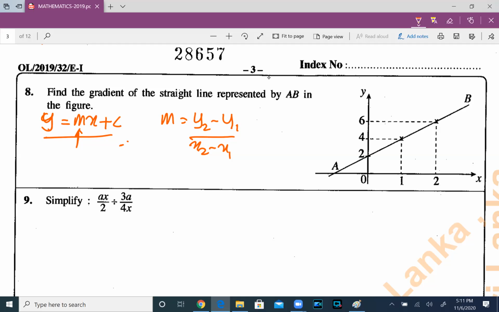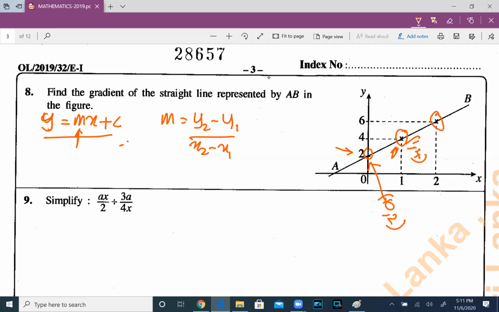So you know these values. For this you need two coordinate points. Here you can take three coordinate points. I am taking this point and this point. This coordinate point is (0, 2), and this coordinate is (1, 4).